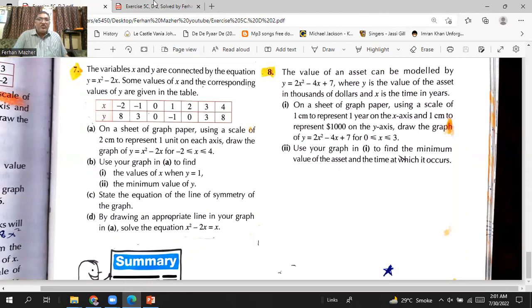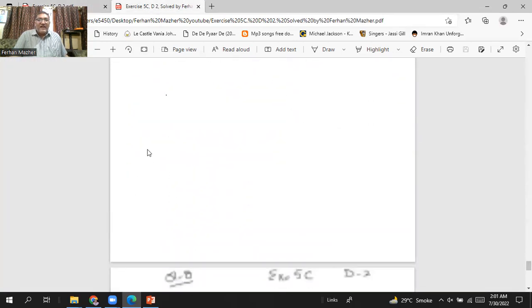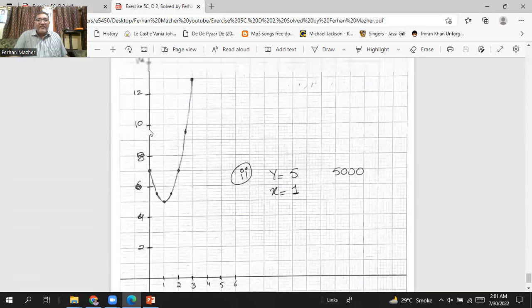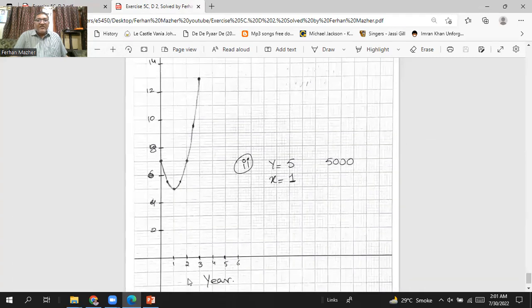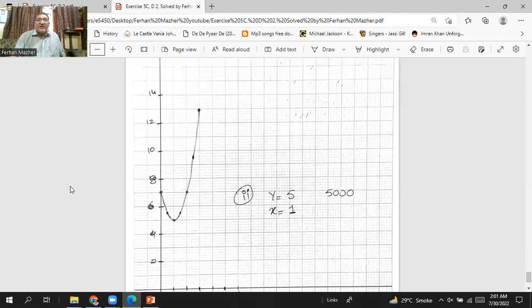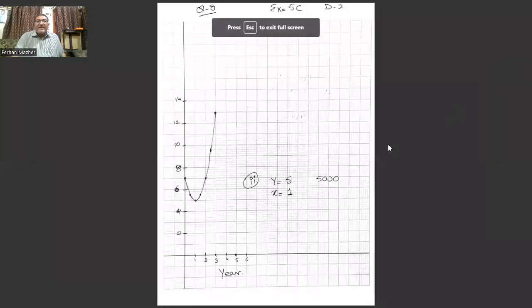Okay. So I will draw this on the graph paper, and here you can see we have drawn that grid. So 1 represents 1 on the x-axis, and on the y-axis 1 actually means 1,000. So I will plot that graph according to the scale they have given us.